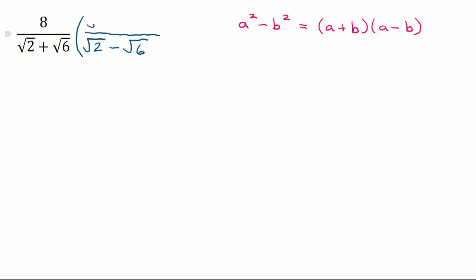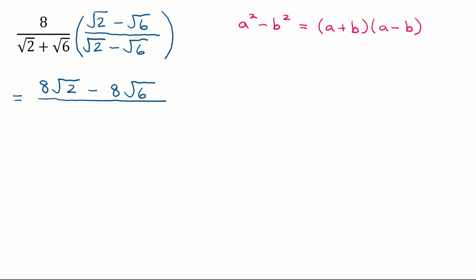And the numerator is going to be root 2 minus root 6 as well. When you expand this then, remember the numerator is 8 times root 2 minus 8 times root 6. And on the bottom, you essentially are squaring both terms. So it's going to get rid of the square root sign, but you have a minus sign in between them.